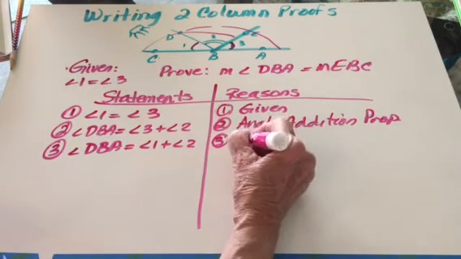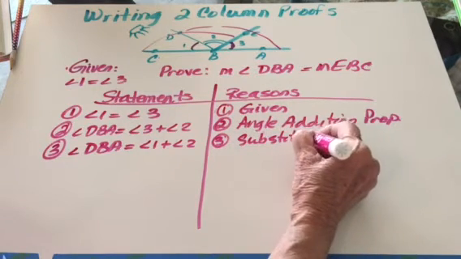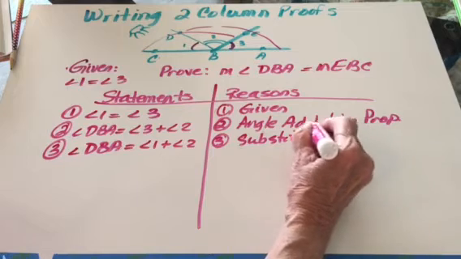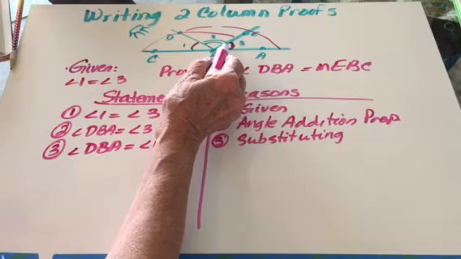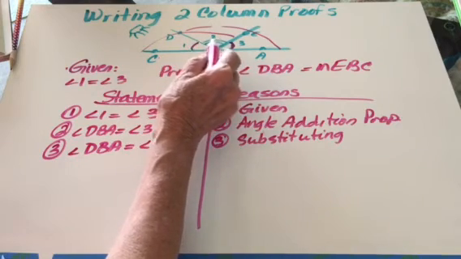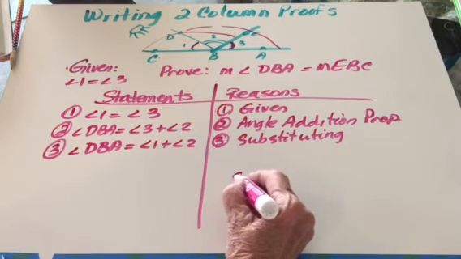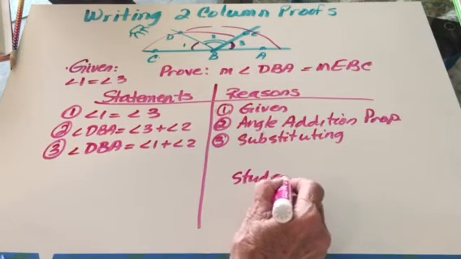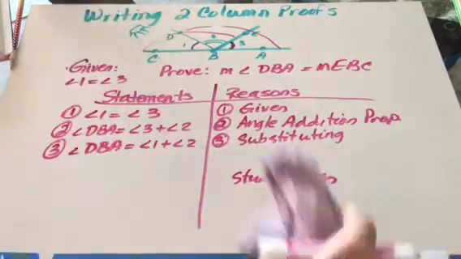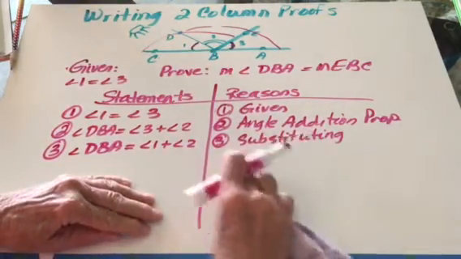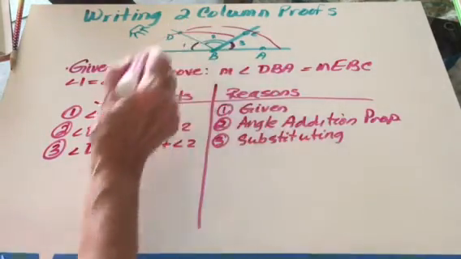Well, we're just substituting. We're substituting 1 for 3 because 1 and 3 are the same, right? For the guys in the class, you're a student and you're a son to somebody somewhere along the line, right? So I can say you're a student and you're a son, you're a son, you're a student, doesn't matter. So here I'm saying it's the same thing.